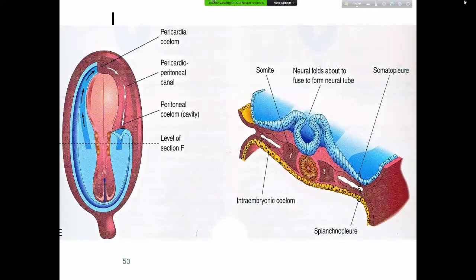After the fusion of the neural folds, it will detach from the surface ectoderm, and the surface ectoderm again fuses with itself, so it will be a continuous layer at the back of the embryo. Think about your back also. So this is how the neural tube is formed.